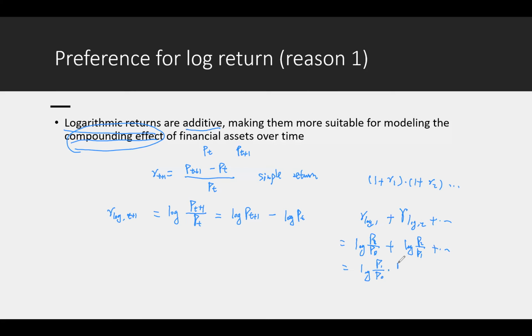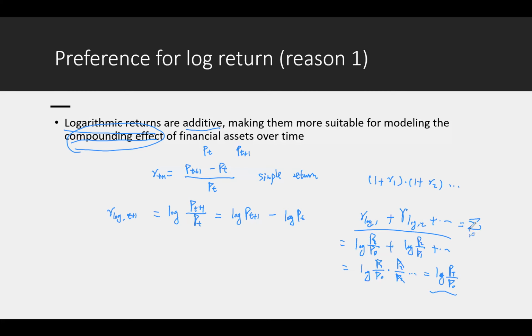So this will cancel out, and we have the final P_T over P0. So assuming uppercase T is our terminal period, this is our terminal return, and we can calculate it just by summing up the individual log returns, and you can also rewrite it more succinctly using this way.